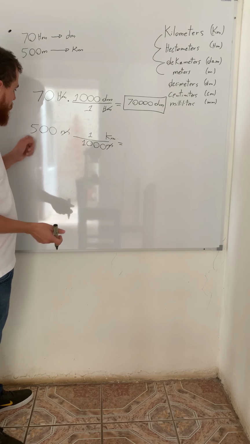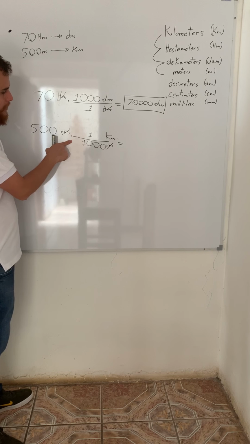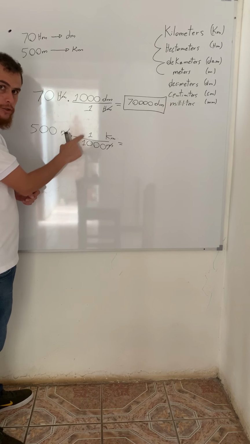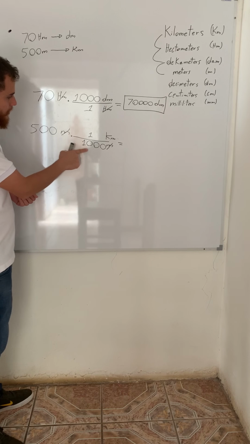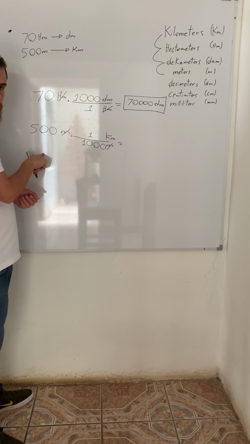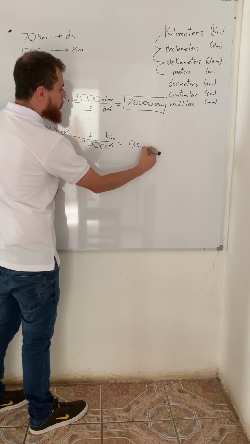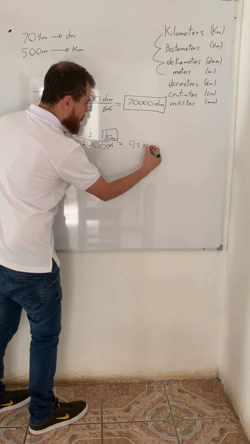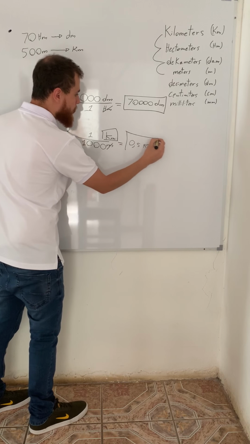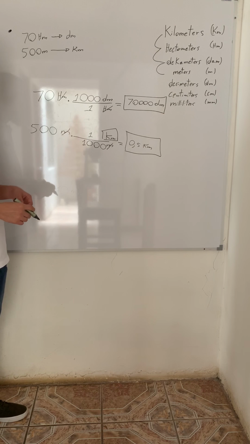And then I'm going to perform my division, because this is actually a fraction. This is going to become a division. So 500 divided by 1,000 is going to be 0.5 kilometers. And that's how we do conversions of linear units.